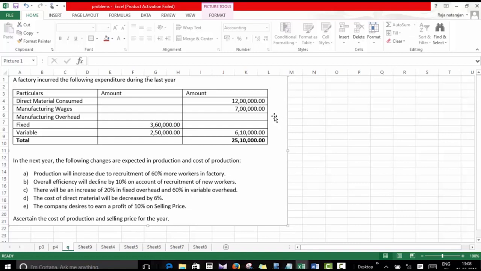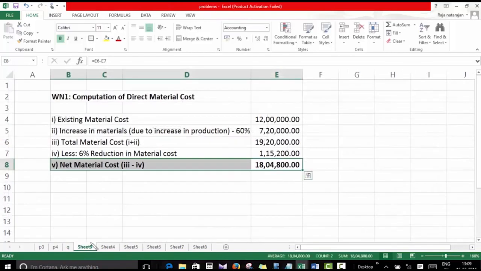So you have to pay additional 60% for wages, but efficiency has come down, so your labor cost will actually go up because the workers are now going to take 10% more time for completing the output. So let's see how it goes.